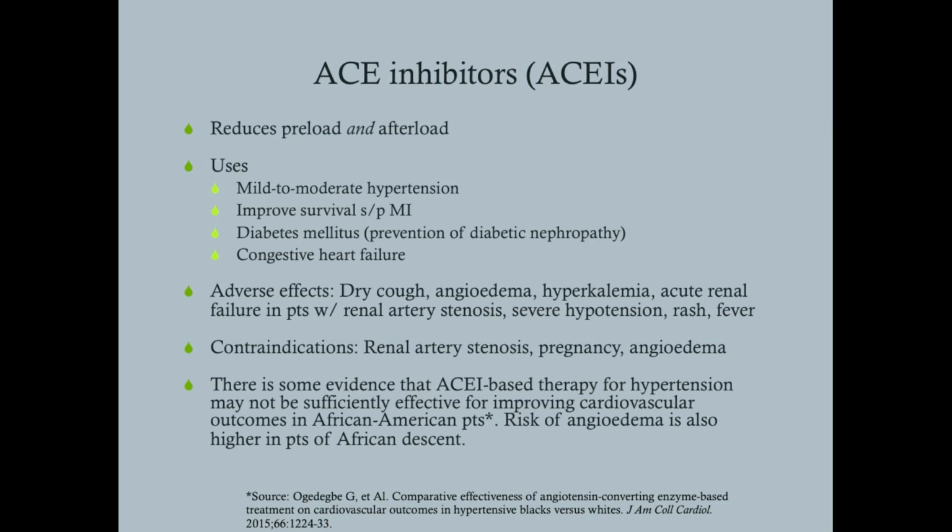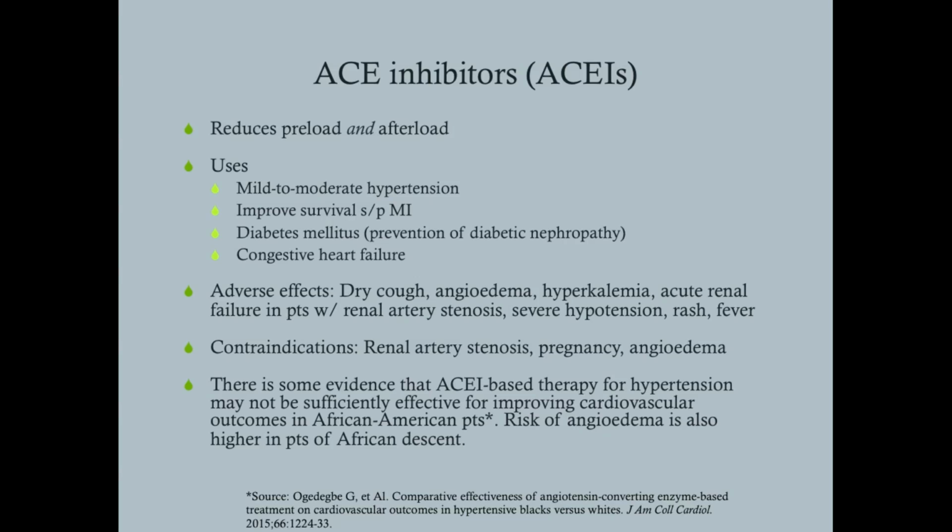There is some evidence that ACE inhibitor-based therapy for hypertension may not be sufficiently effective for improving cardiovascular outcomes in African American patients. And why is that? Well, it just so happens that African American patients tend to have a relatively low renin level when they're hypertensive. Whereas for everybody else, their renin levels are a little bit higher when they have hypertension.